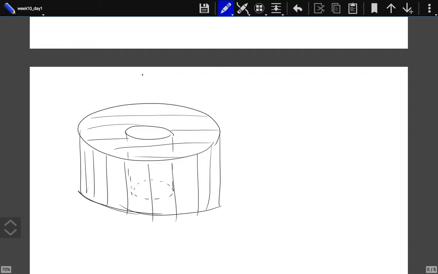So let's put some coordinate axis. This will be my z-axis. Let's say this is x-axis. This is my y-axis.